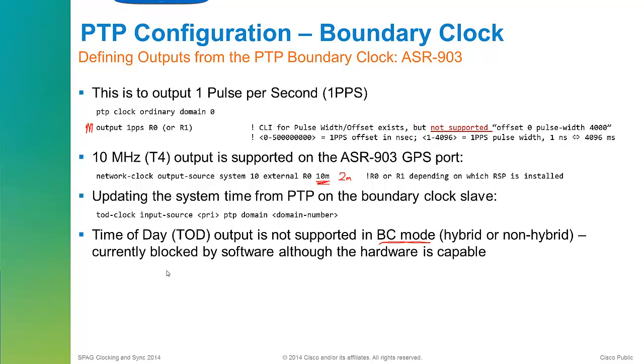Maybe 95. Sometimes it wasn't available, or I couldn't get a machine in time, or it was running the wrong version. So I can put my hand on my heart to say I haven't tested it recently, but certainly that used to be the case. So don't assume that on the 903 time of day output will work in boundary clock. It'll work in slave, but not in boundary clock.